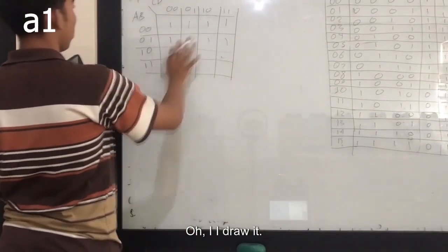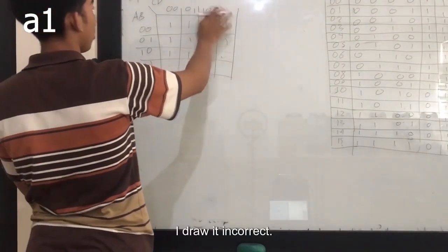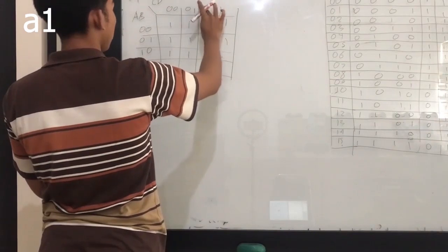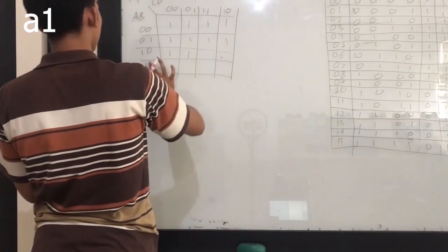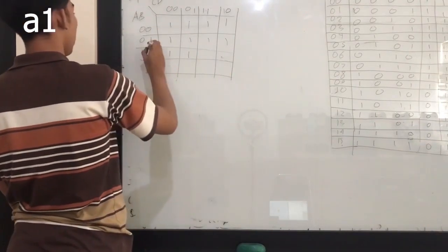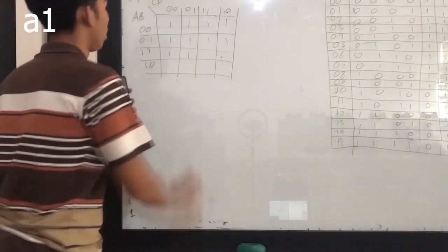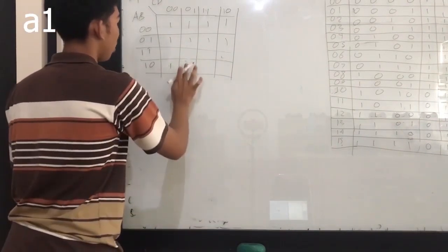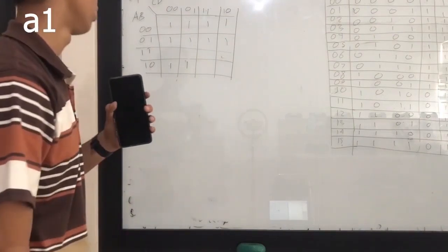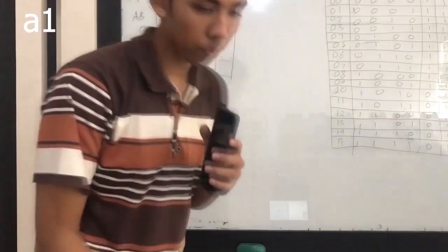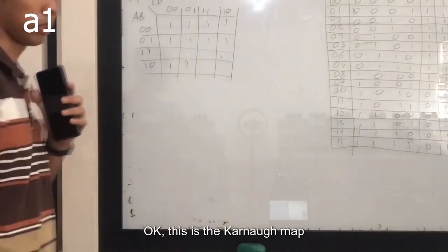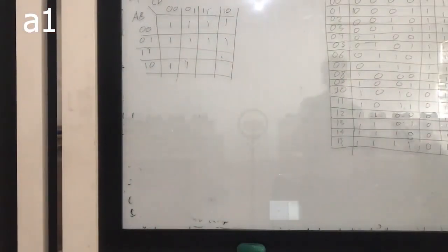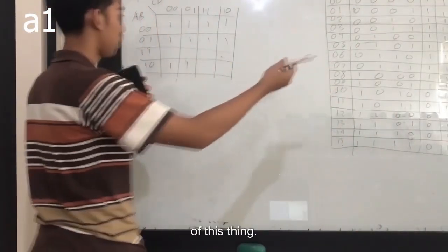Oh, I drew it incorrectly. Okay, should be like this, and this should be like this. Okay, this is the Karnaugh map of A1.